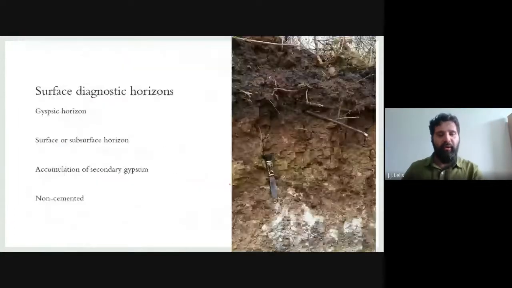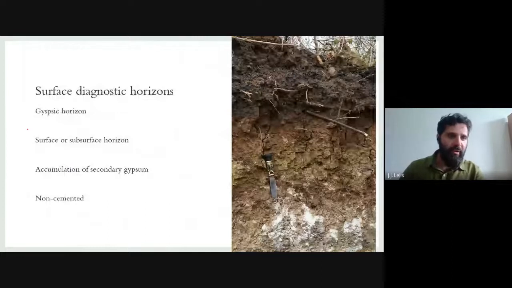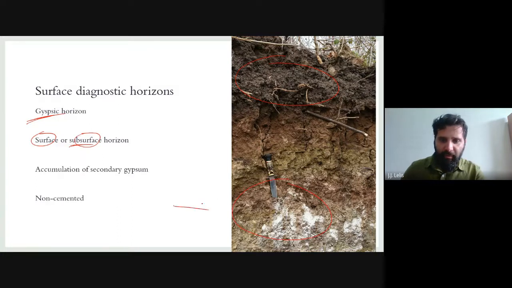And now we have the gypsic horizon. The gypsic horizon is, as I said, a surface or a subsurface horizon. So we can describe it in the surface, or like in this picture, we can see it in the subsurface. And the gypsic horizon is a horizon that's related to accumulation of secondary gypsum.